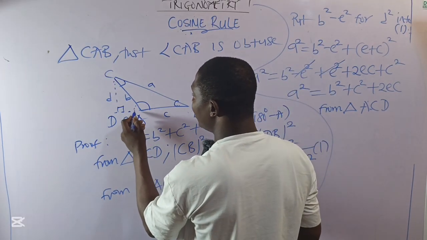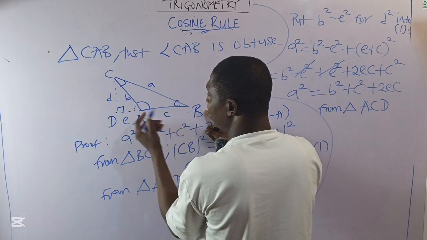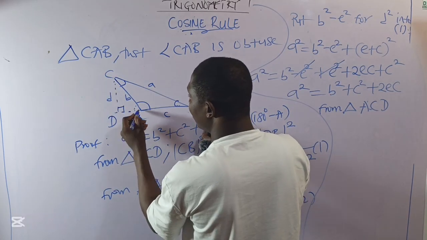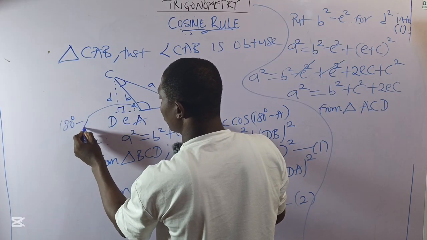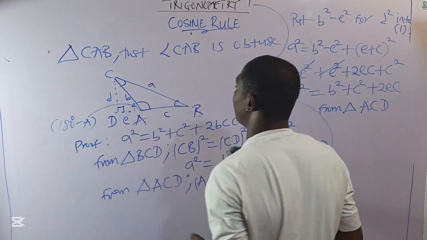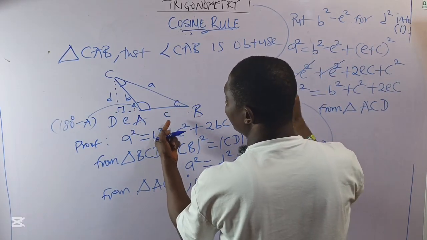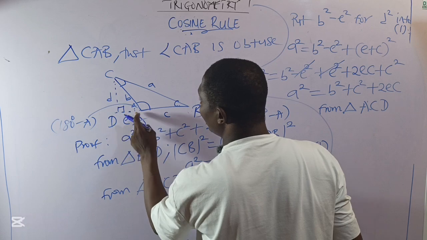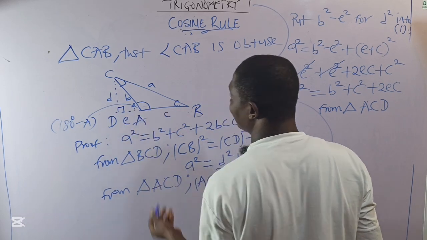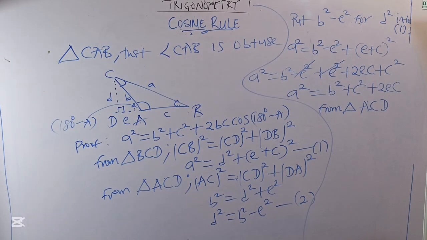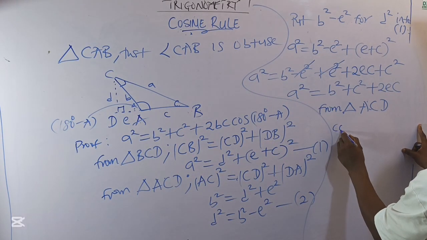So whatever angle A, angle CAB is, this angle CAD will equal 180 degrees minus the angle, because this is a straight line. So if CAB is greater than 90, there's no way CAD will also be greater than 90, because if both are greater than 90, then the sum of angles on a straight line is greater than 180, which is wrong.